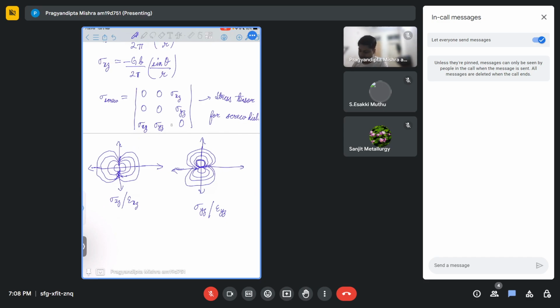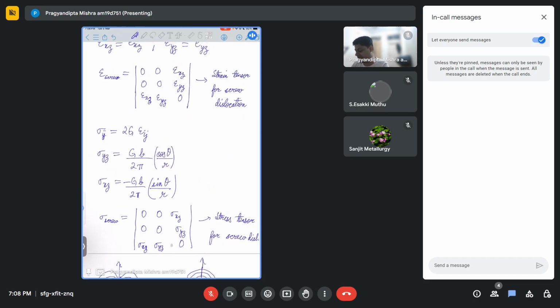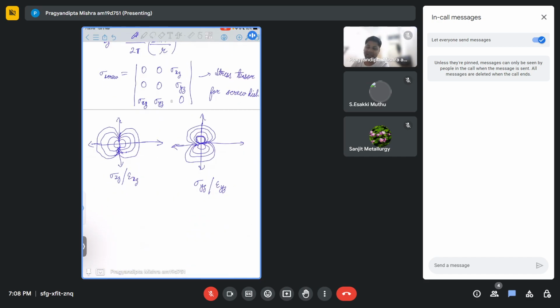One important thing that you have to note is that these stress fields do not look symmetrical. However, in the tensorial form, in matrix form, it looks kind of symmetrical, right? But field-wise, it is not looking symmetrical.